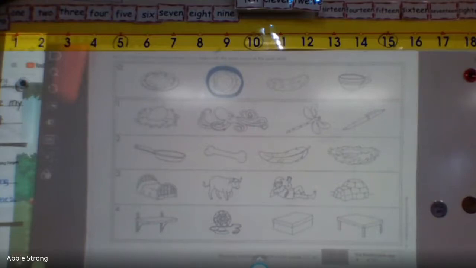I want you to circle the picture that starts like edge. Edge. Which word starts like edge and has that F sound at the beginning of it? Edge.